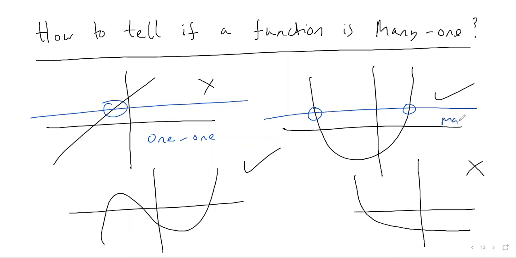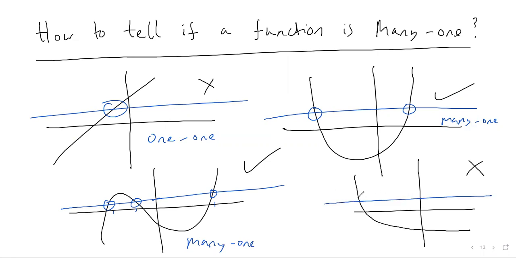This one here, again, is definitely many-to-one, because for one output, like this output here on the y-axis, you can have multiple inputs. And then this one here is not many-to-one. This is one-to-one, because for every output that we have, there is one unique input. So this is a one-to-one function.